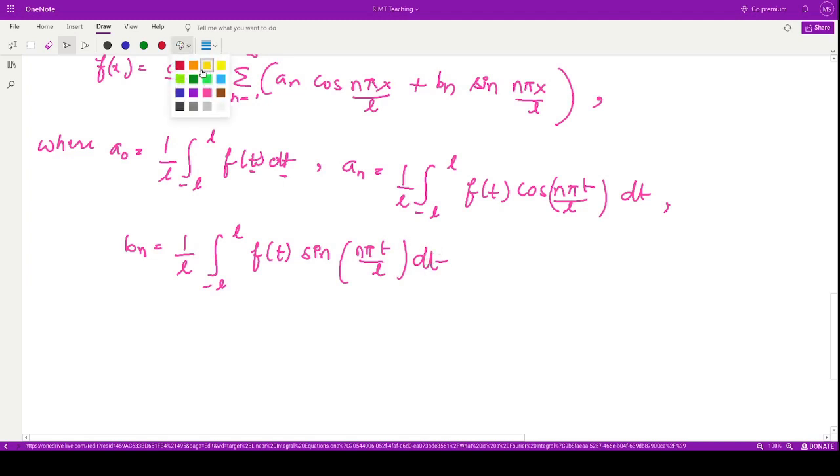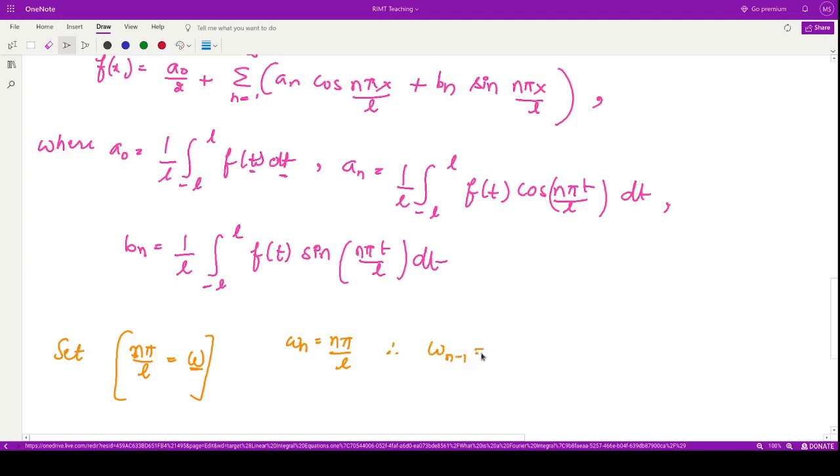Now what I can do here is set the value of n pi upon L to be equal to omega. This I am defining myself. If this omega corresponds to n, I can call it omega n, equal to n pi upon L. Therefore, what would omega n minus 1 be?